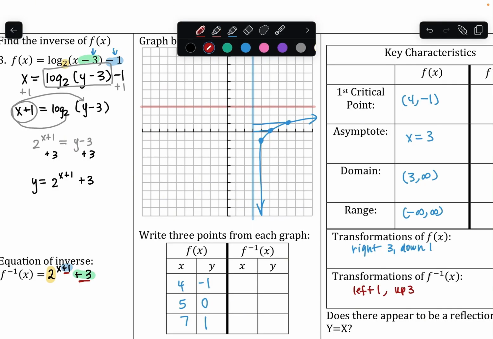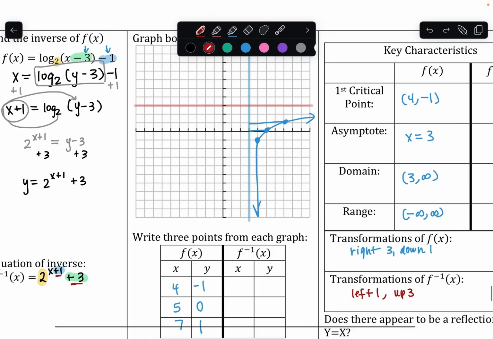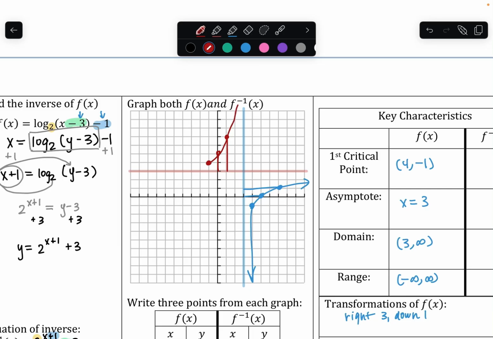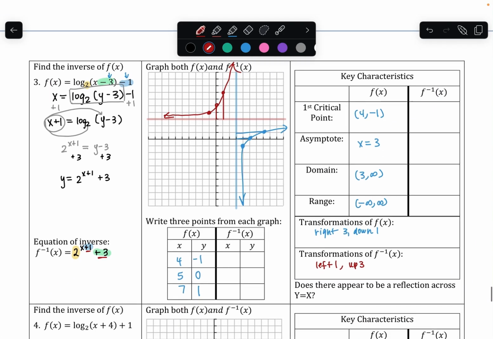And then my first critical point is the y-intercept, that's 1 away, but it has been shifted left 1. So I am going to move that to the -1 spot. Then my next point is 2 away, and then my next point would be 4 away. Okay. And then it is growing, and then approaching the asymptote.